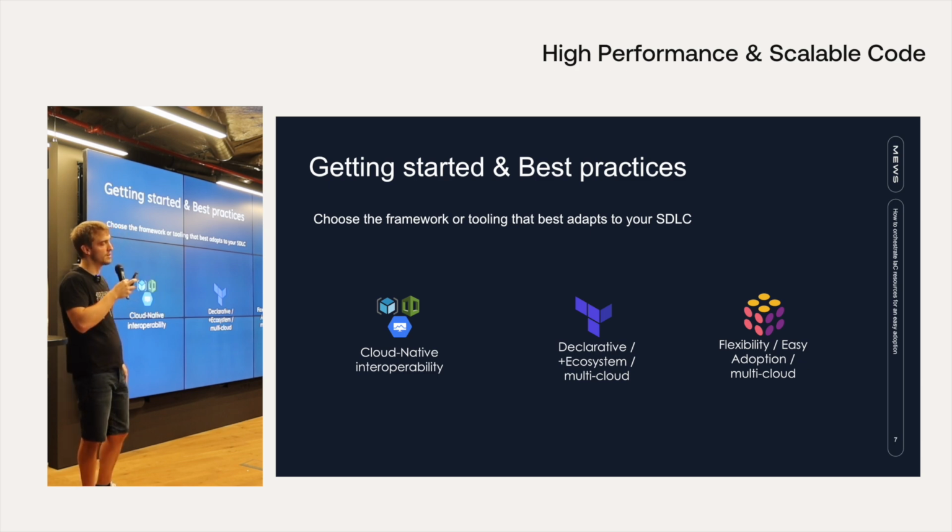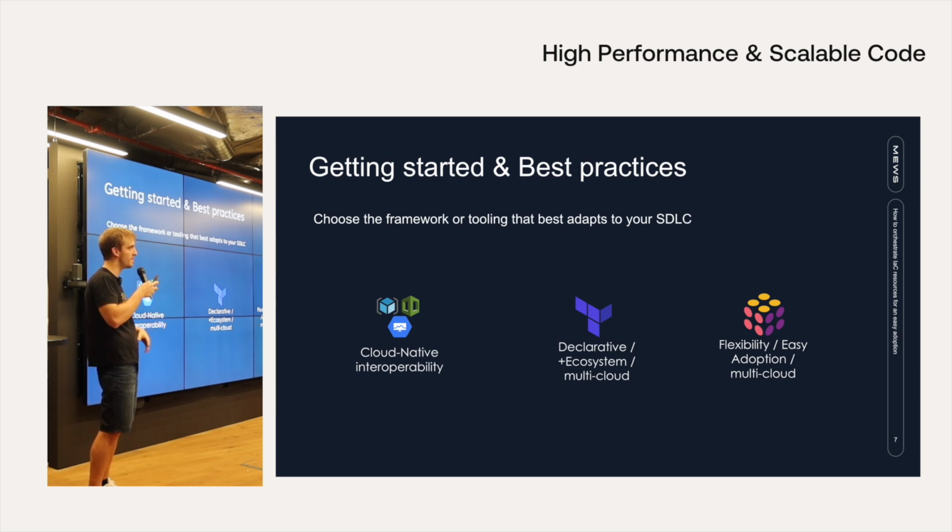Then if you pretend to grow a lot, in many cases companies need to create different types of resources in different types of cloud providers. So a tool on the other side, for example Terraform or Pulumi, might be best, because both of them can support different types of cloud providers.